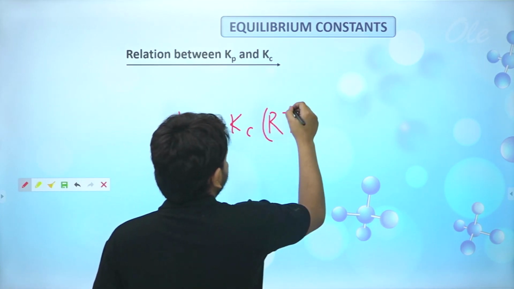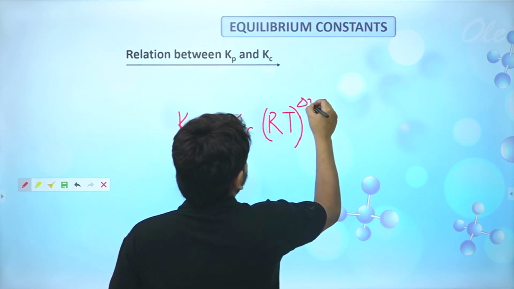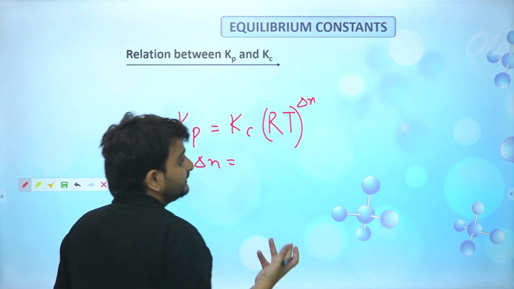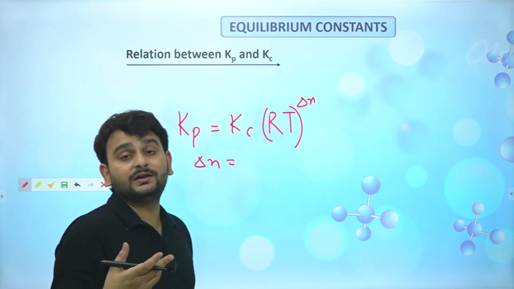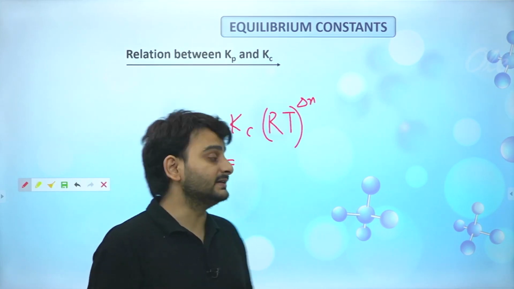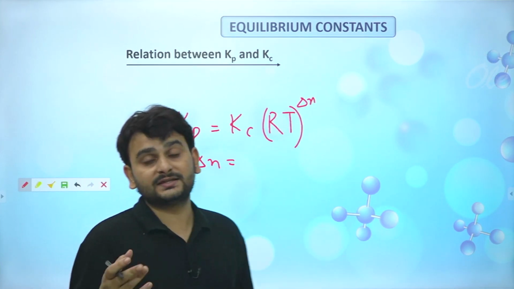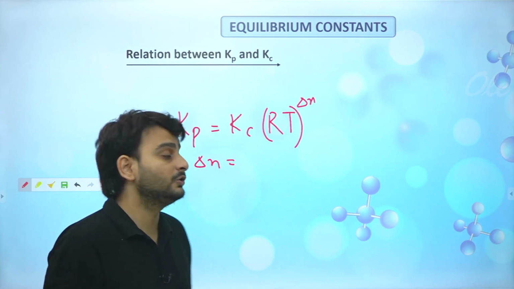RT raised to the power delta n, where delta n is the difference of the stoichiometric coefficients of the products and the reactants. Over here, if you remember, for N2 plus 3H2 forming 2NH3, it was coming out to be minus 2.